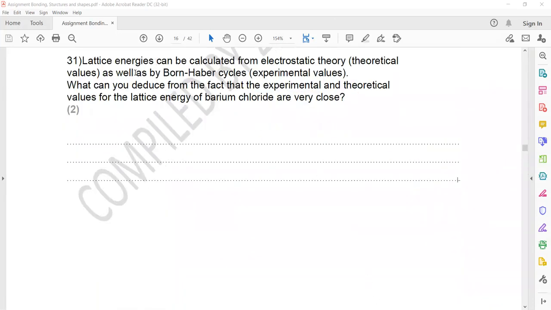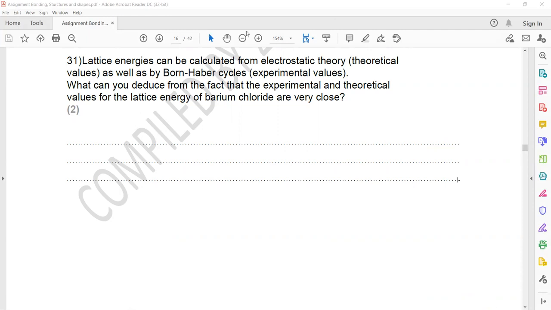In question 31, the lattice energies can be calculated from electrostatic theory, the theoretical as well as Born-Haber. What can you deduce from the fact that experimental and theoretical lattice energies of barium chloride are very close?